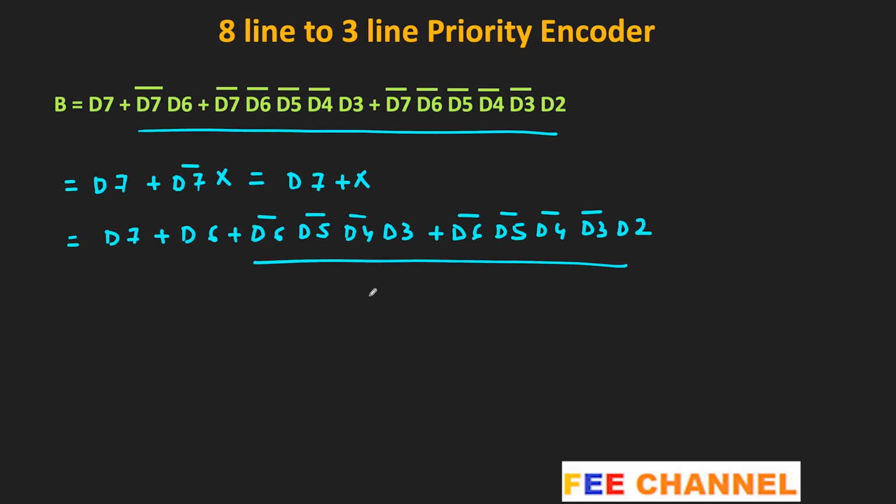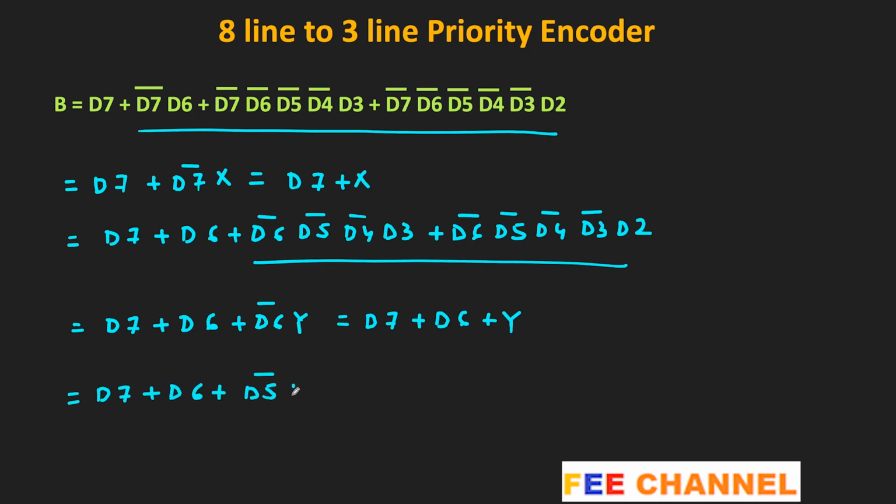So if we take it outside, then we will have D7, or D6, or D5 invert, and D4 invert, and in the bracket, we will have D3, or D3 invert, and D2, which is equivalent to D3 or D2. So overall, the minimized expression is D7, or D6, or D5 invert, and D4 invert, and in the bracket, we will have D3 or D2. So that is the overall minimized expression of this output B.